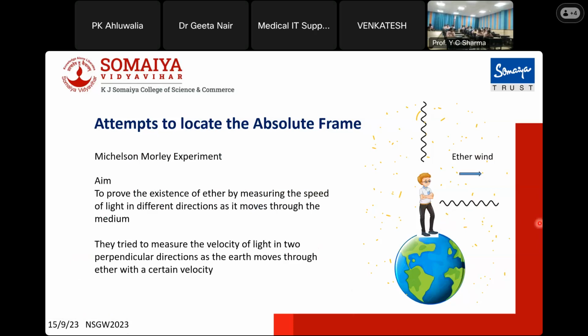So the aim was to find out how the velocity of light will be measured when the earth is moving through this so-called ether with some velocity v. Before this, we knew that the Galilean transformation says that the velocity will depend upon the relative motion of the source and the observer.